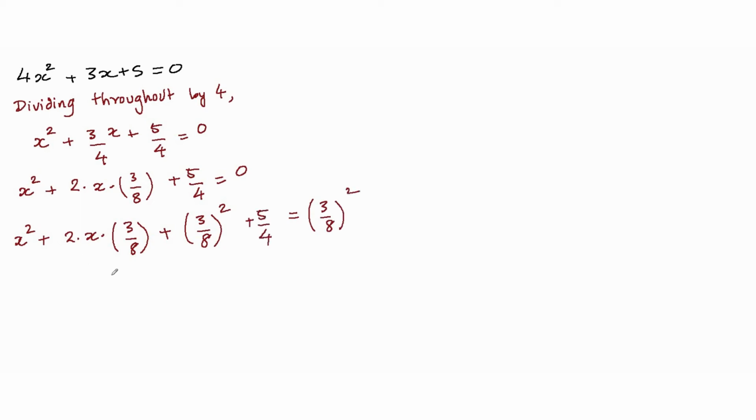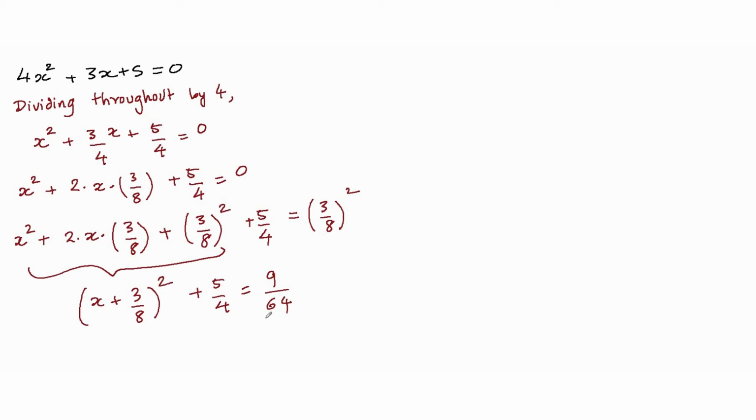So now we have completed the square. So this is (x plus 3 by 8) the whole square plus 5 by 4 is equal to 9 by 64. Do you now realize why this method is called completing the square method?